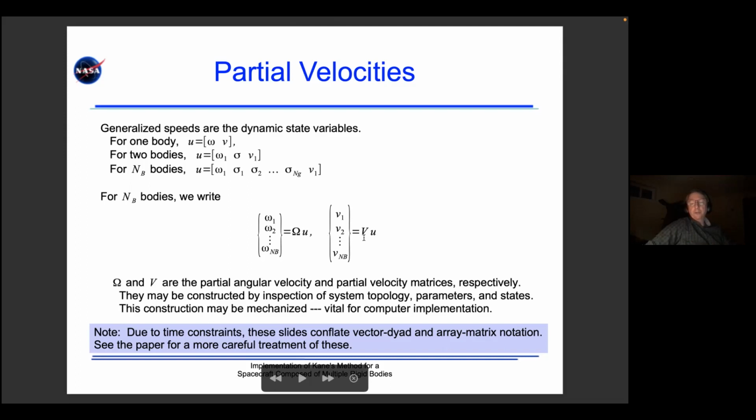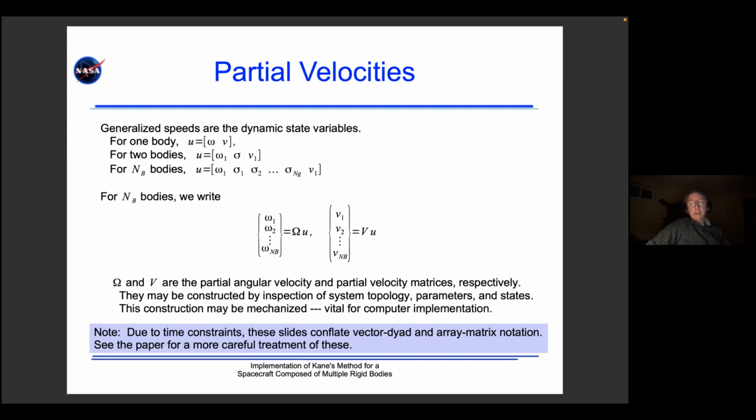I've got them in matrix form here, but these are those partial angular velocities and those partial velocities all just assembled into matrices now. And you build those up pretty much just by inspection, by looking at your system.